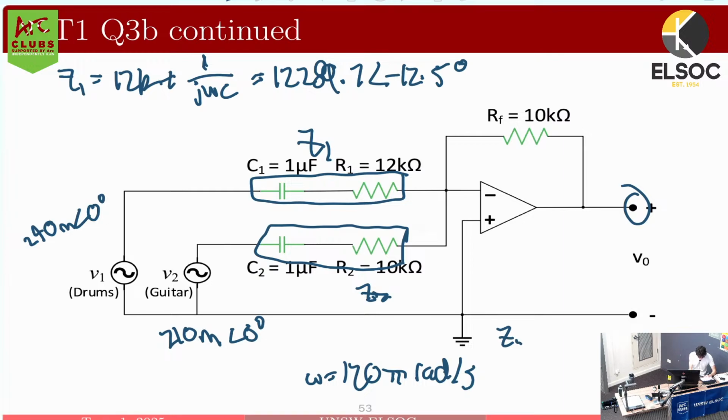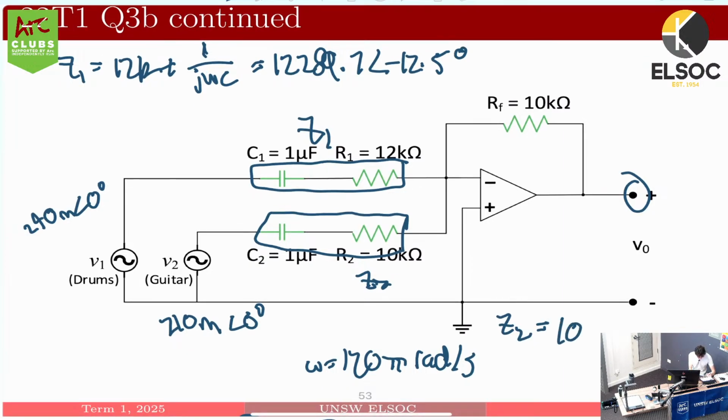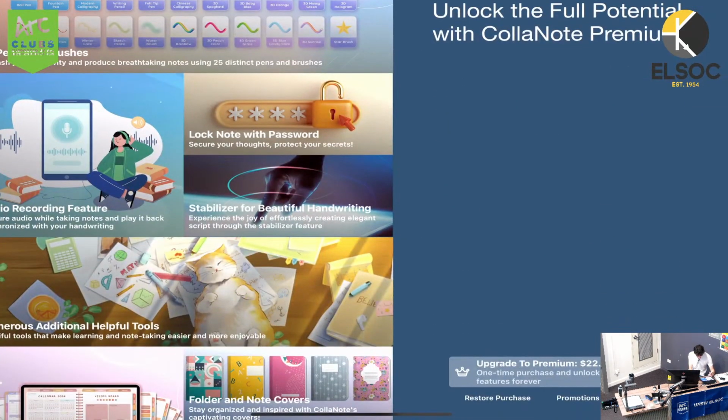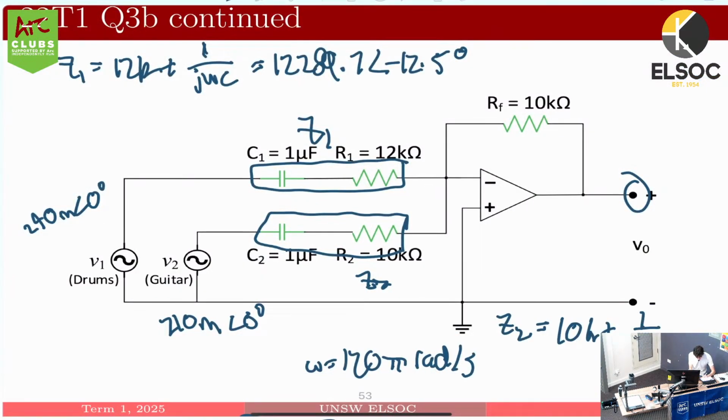Z2 is equal to 10 kilo ohms plus, it's the same capacitor, 1 on j omega C. And so it's very similar to what we did before.